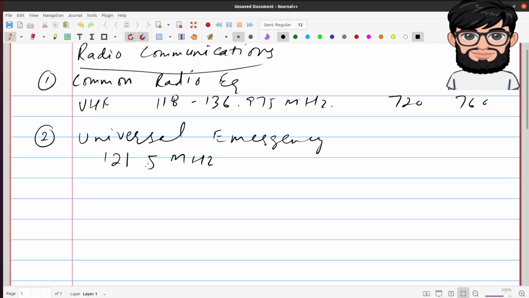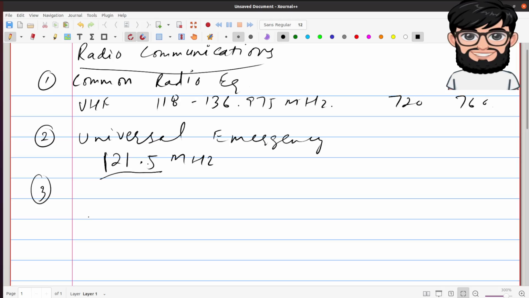This frequency is basically guarded by the military towers, a lot of the civil towers, and FSS radar facilities. So if you are not able to contact the tower, this is definitely a frequency we should give a try. This is a universal emergency frequency.